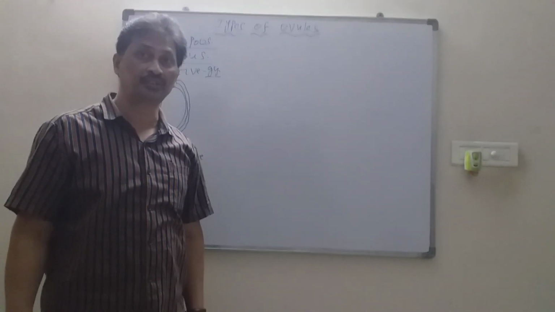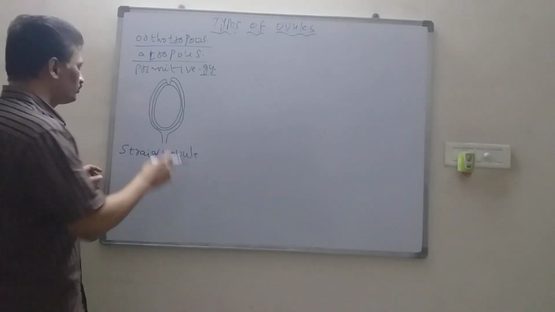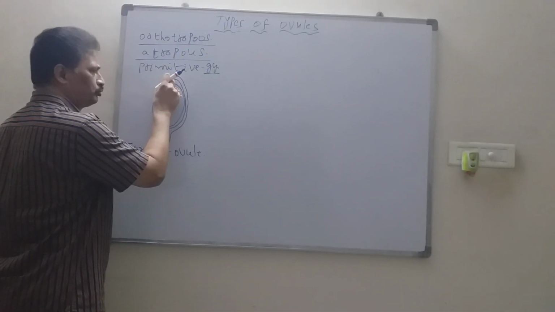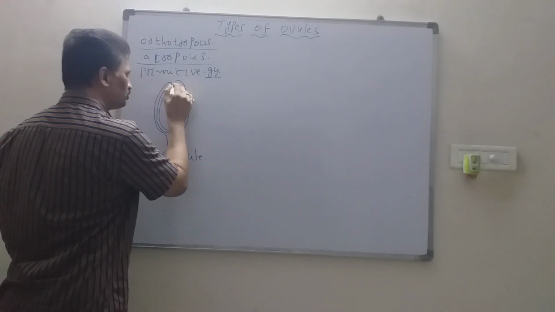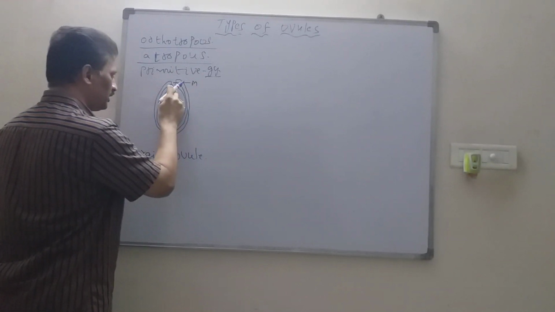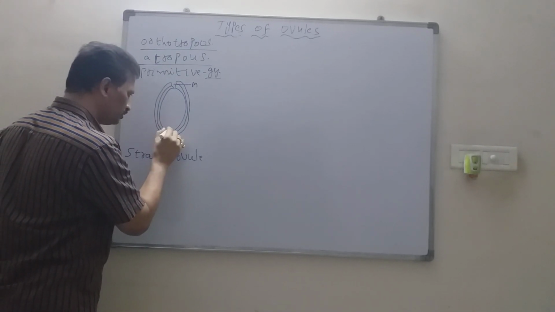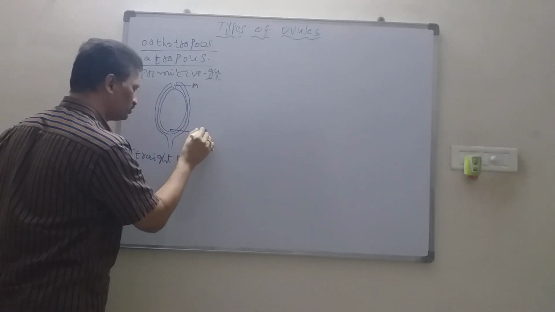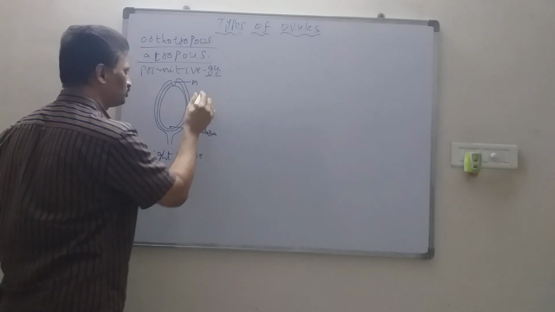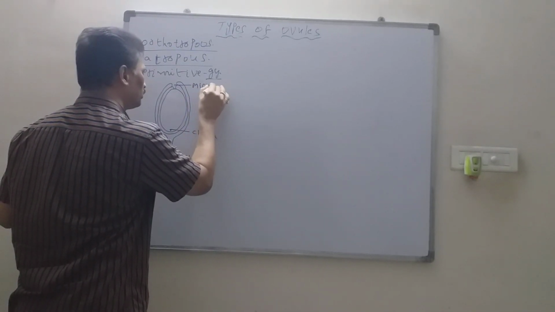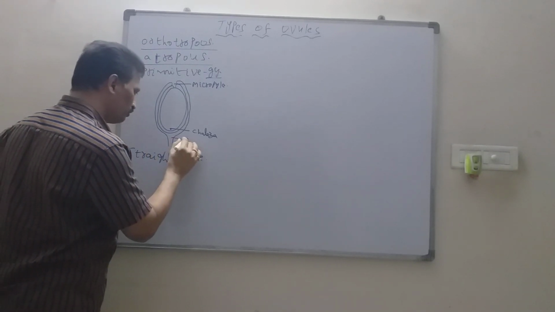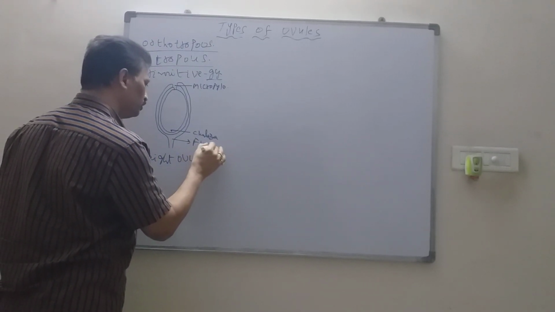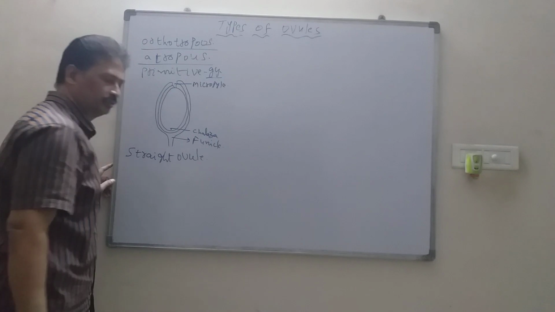What is the meaning of straight? See, what is this structure? This opening that is present on the ovule is called the micropyle. And what is the opposite side? That is called the chalaza. And this is the funicle, that means the stalk of the ovule.